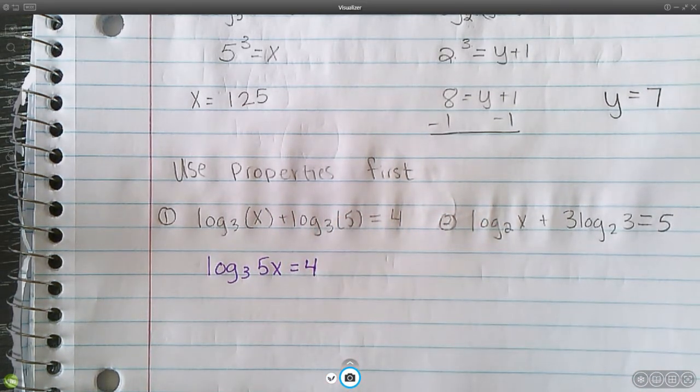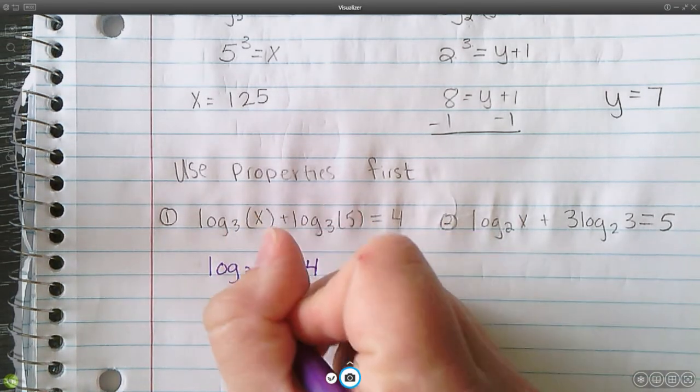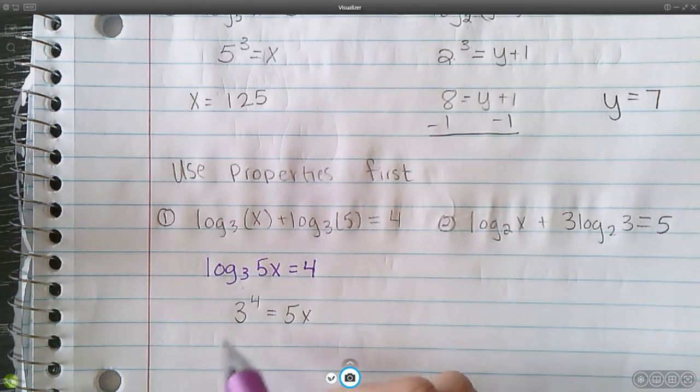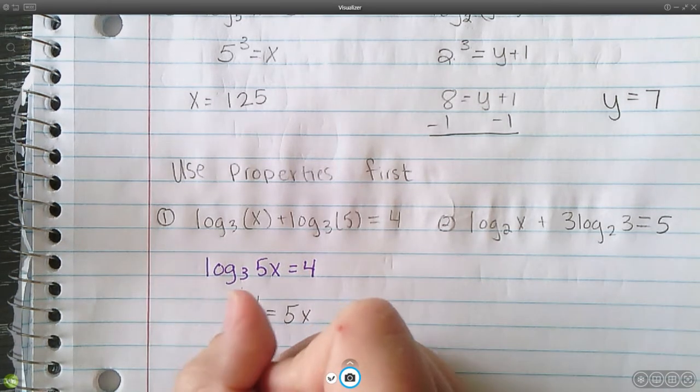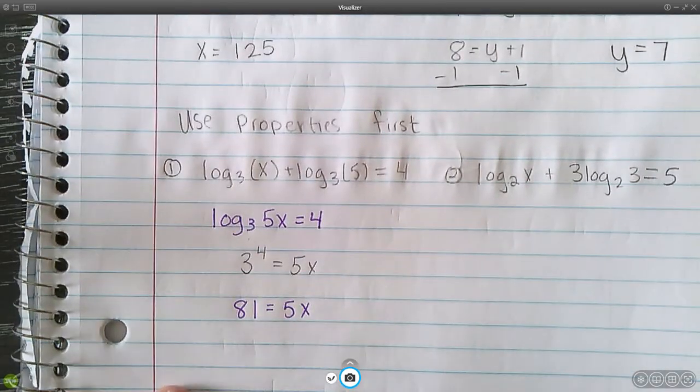Then we need to write it in exponential form. So we'll have 3 to the power of 4 equals 5x. 3 to the power of 4 is 9 times 9, 81, equals 5x. Divide both sides by 5.